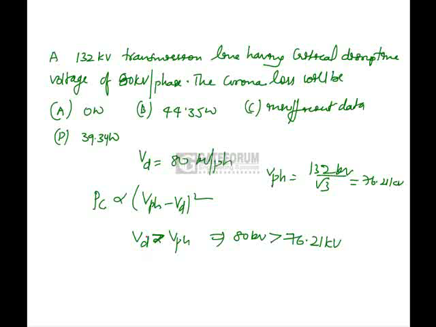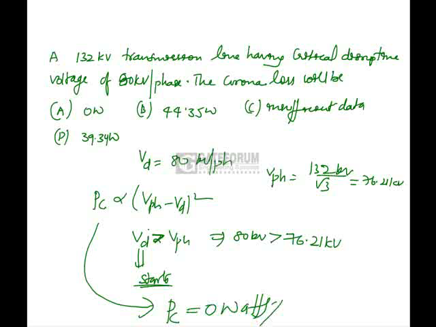At critical disruptive voltage only corona loss starts. Okay, since there is no chance of operating voltage being greater than 80 kilovolts per phase, that means there is no corona loss. PC is equal to 0 watts. Option A is correct.